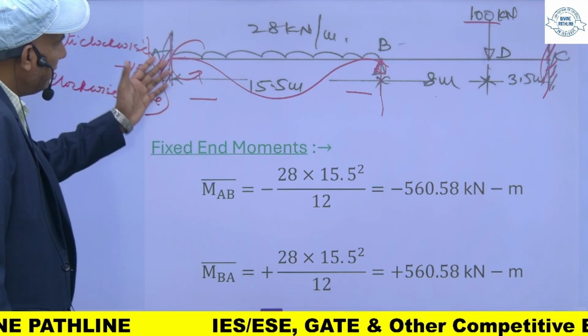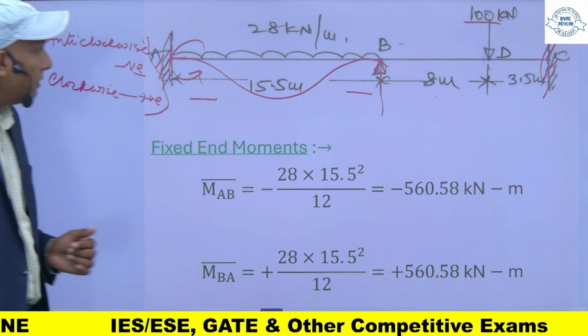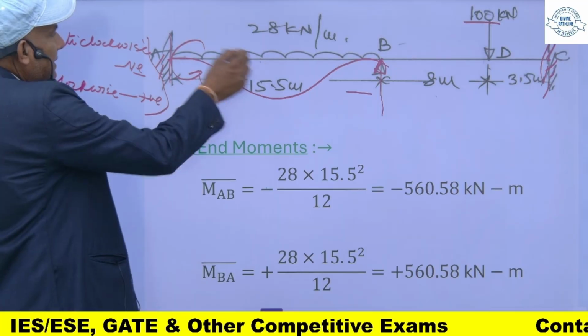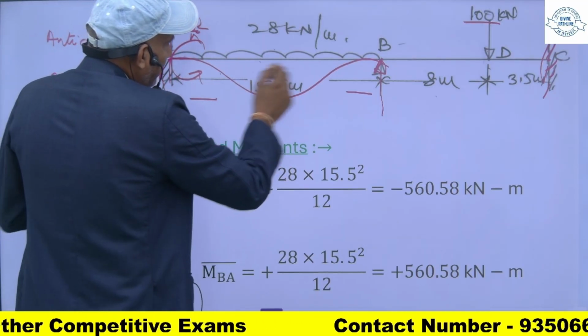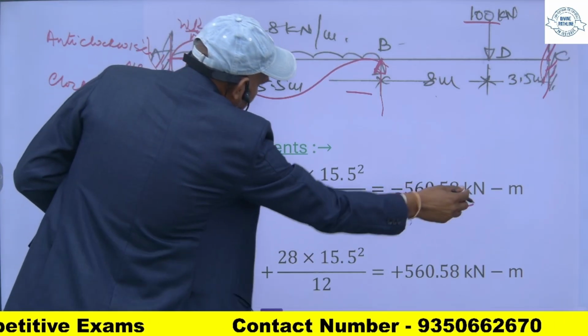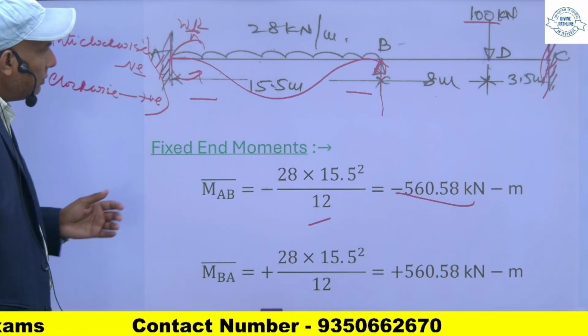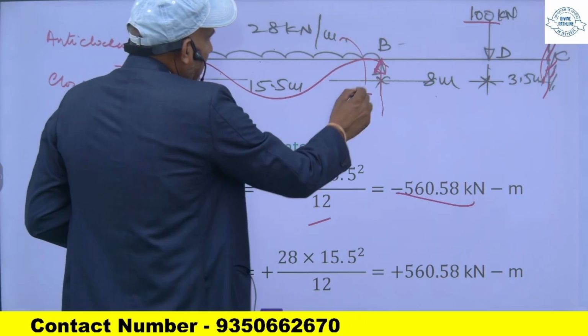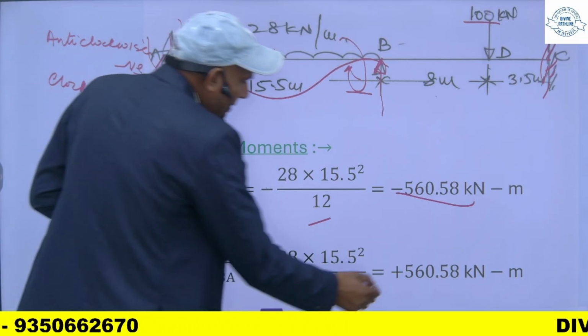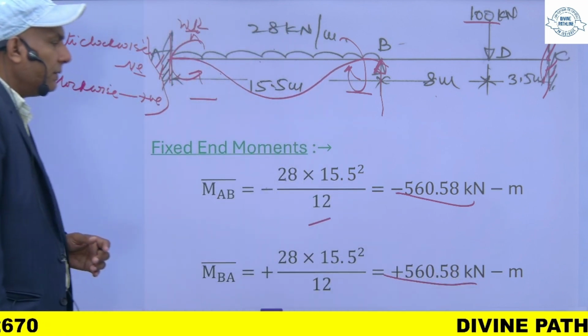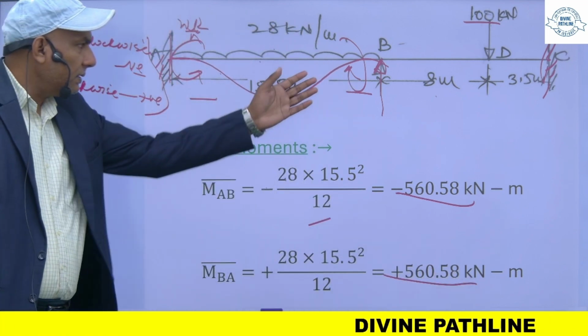Fixed end moment MAB will be negative, and in case of UDL the value is WL square upon 12 at both sides. So W into L square upon 12, you will get this one, and the same moment you will get here, but it will be clockwise in this case, so positive. So plus 560.58 kilonewton meter is the moment of this one.